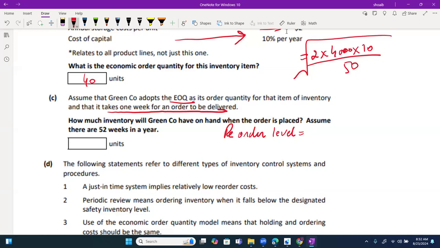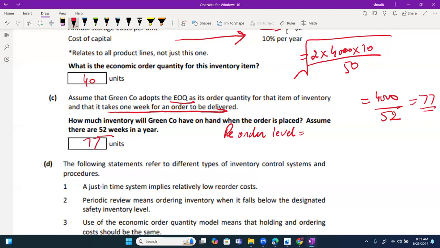It will take 1 week to deliver. And what is the annual demand? 4,000 units. How many weeks are there? 52. So you should have 77 units in your inventory bin, so that you can place the order.